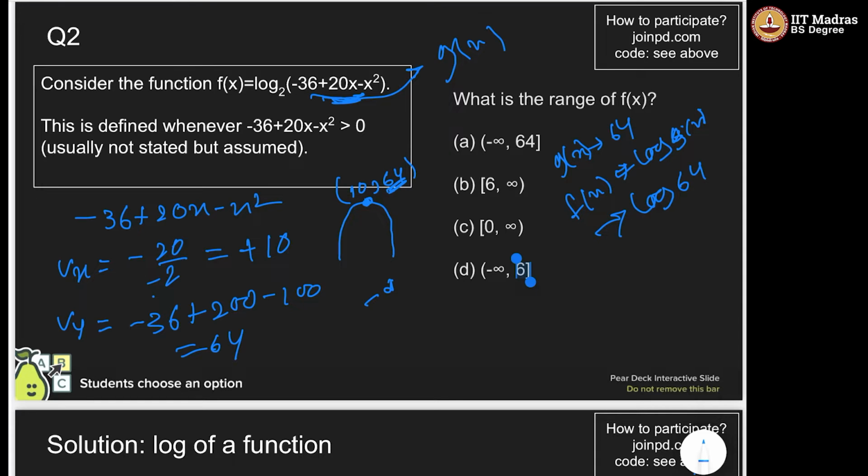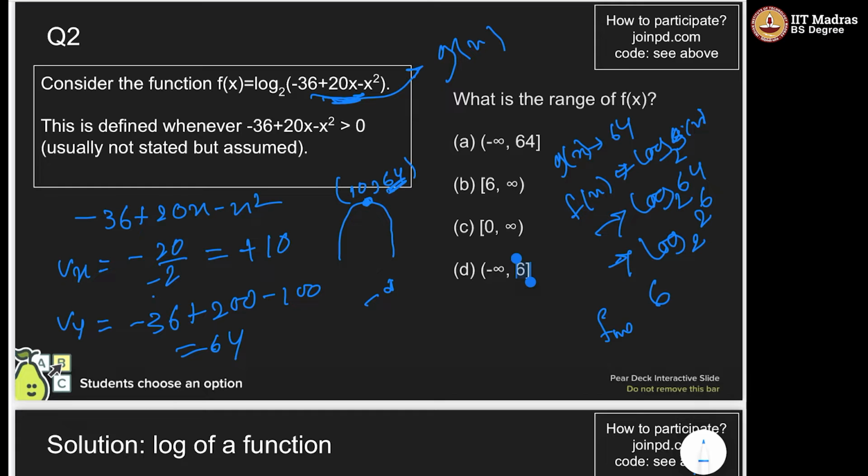And what is 64? It is 2 to the power 6. So log base 2 of 2 to the power 6, so we will get 6 here. That means the maximum value is 6.